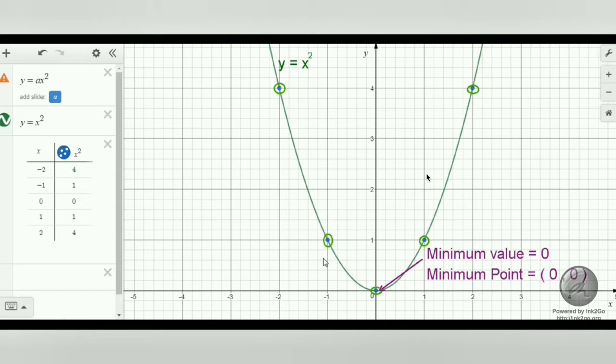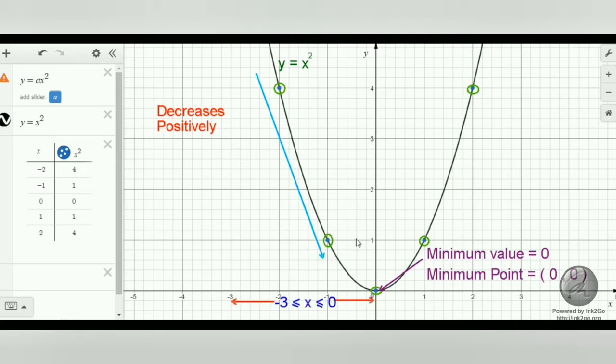Now let's see some properties of this function. From negative 2 to 0, the value of the function decreases. After the decreasing, the function increases.